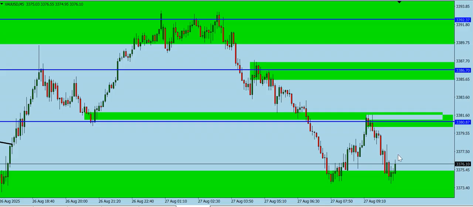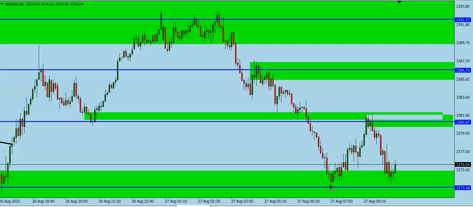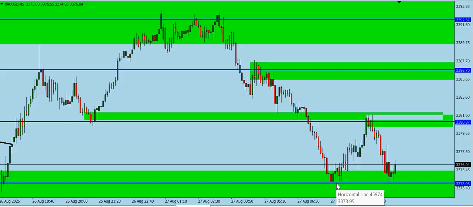Now we expect price to rise a bit and then drop. A break below 3373.9, I see price dropping further. But if price breaks back above this resistance, then we might see price going up.